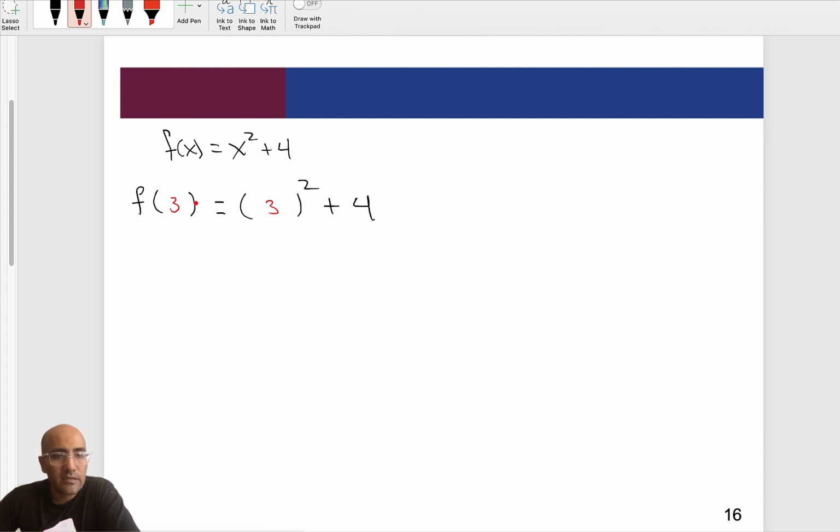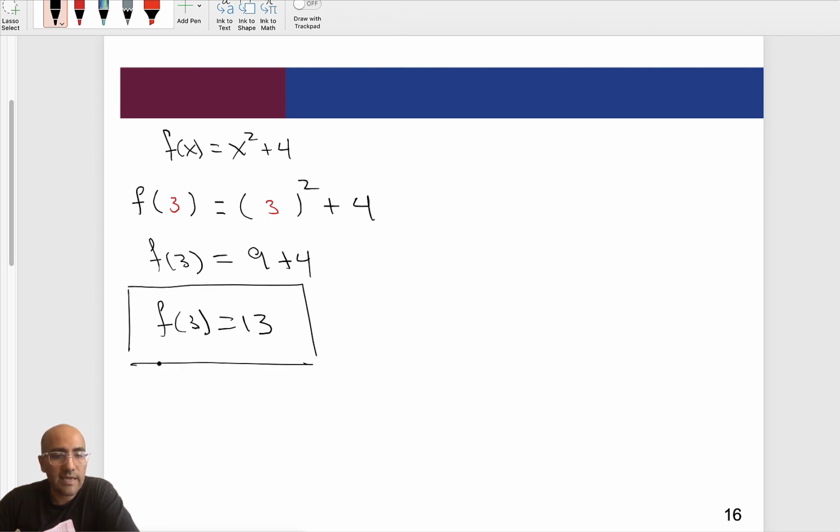Now remember, this is the y, it's the output, so there's nothing to solve here. You don't have to divide by 3 or anything. So from this point forward, we just say that f of 3 equals 9 plus 4, or f of 3 equals 13. This notation tells me that the output is 13 when the input is 3.